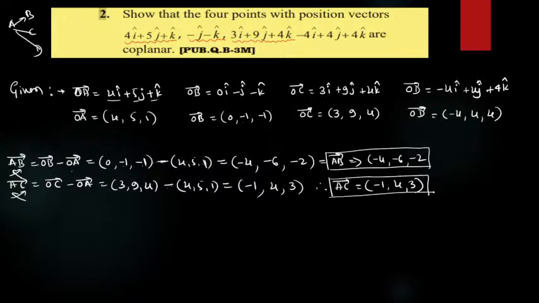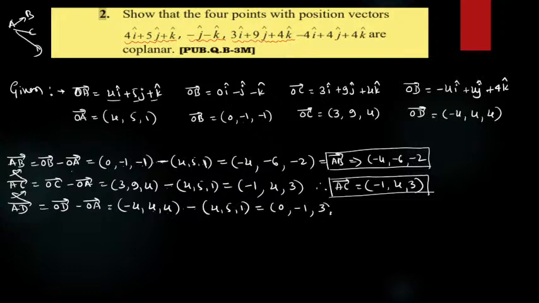In the next step you find another vector, AD. AD can be written as OD minus OA. So write the OD point -4, 4, 4 minus OA, that is 4, 5, 1. Then -4 minus 4 is -8... that will be 0, 4 minus 5 is -1, and 4 minus 1 is 3.